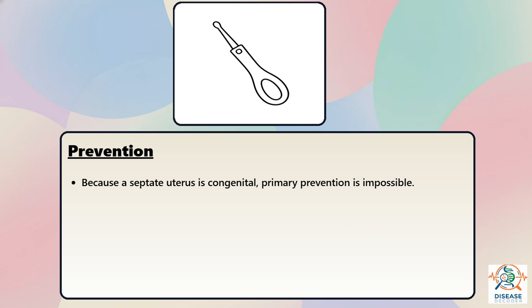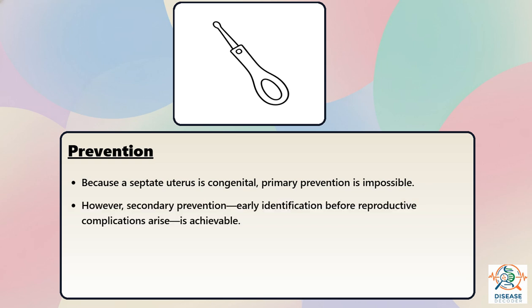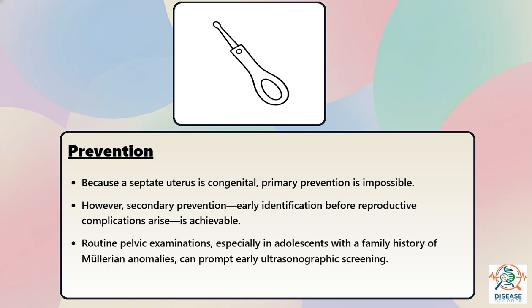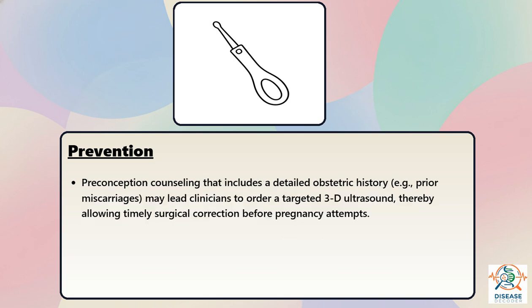Because a septate uterus is congenital, primary prevention is impossible. However, secondary prevention, early identification before reproductive complications arise, is achievable. Routine pelvic examinations, especially in adolescents with a family history of Mullerian anomalies, can prompt early ultrasonographic screening.